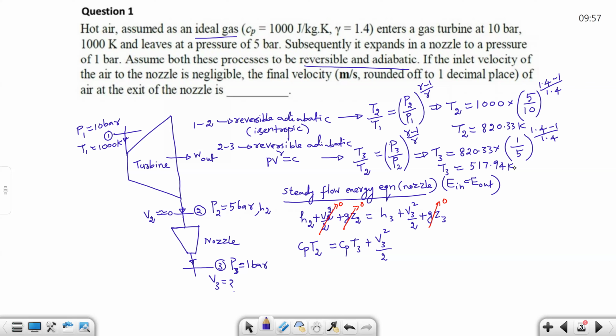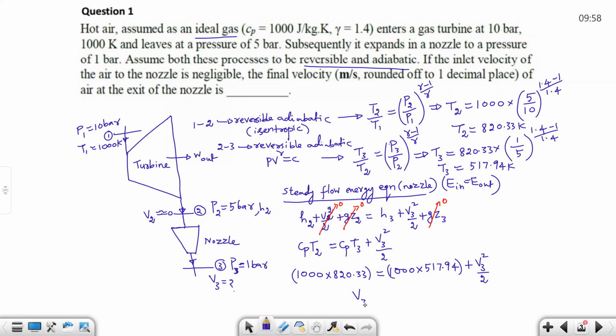So Cp 1000 into T2 820.33 minus T3 517.94.